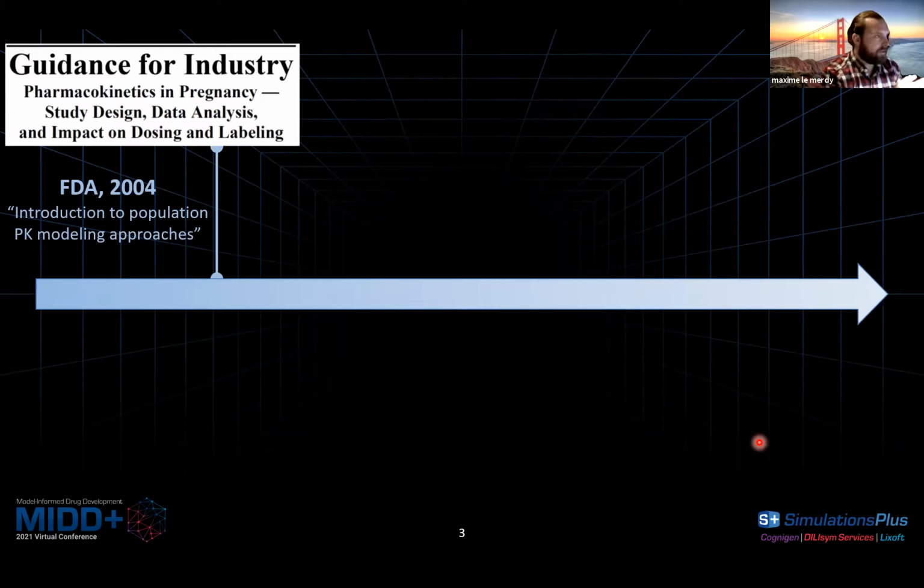But one of the sentences that I have included from 2004 was to design your experimentation to have population PK modeling approaches, meaning that you could take fewer samples per woman and complement your clinical trial with a population PK analysis to fulfill your goals, to better understand how the drugs behave in the specific population, and trying to identify some covariates and so on.